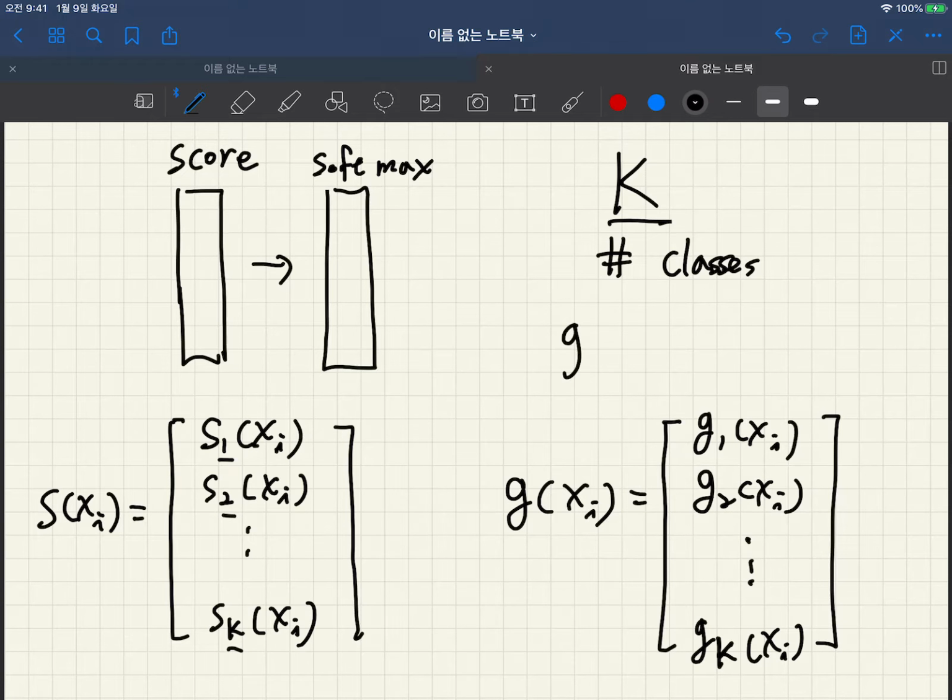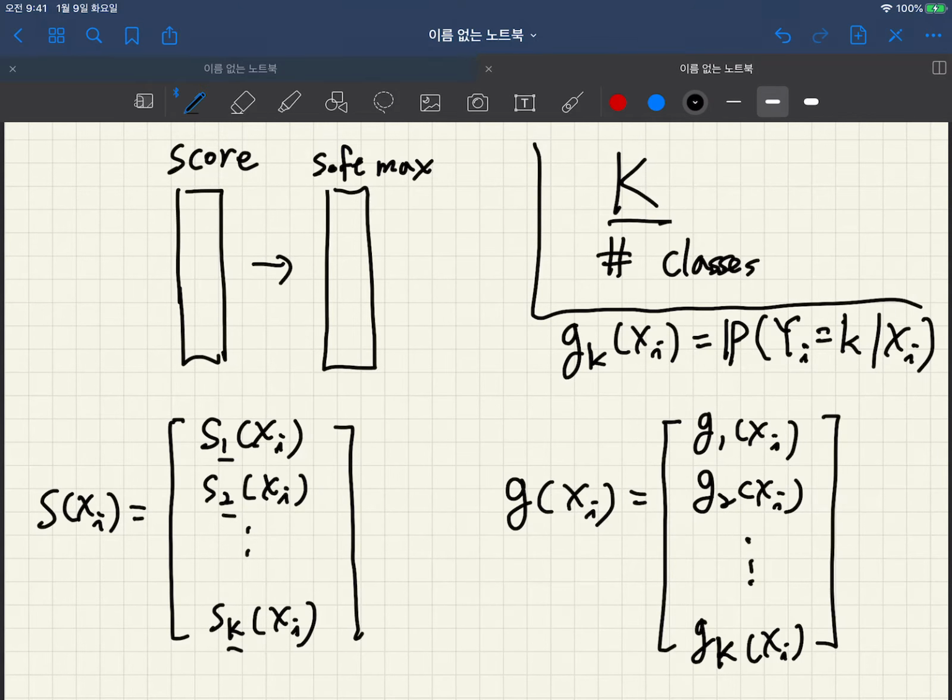So gk(xi) means the probability your label yi is equal to the class index k when the input is xi. Okay, so this is the notation I want to use.